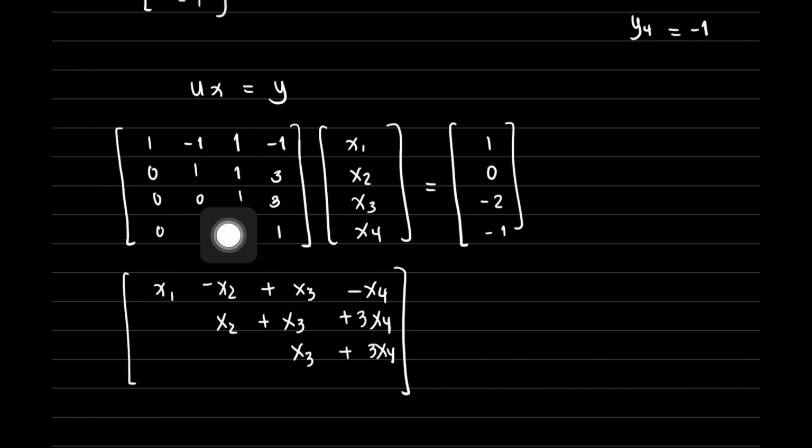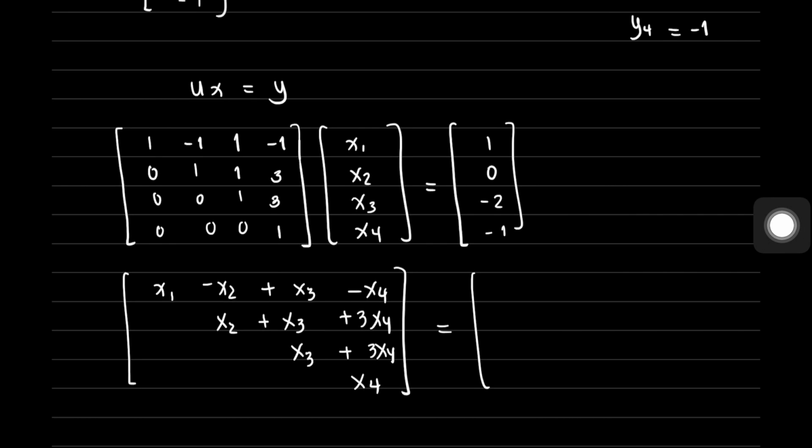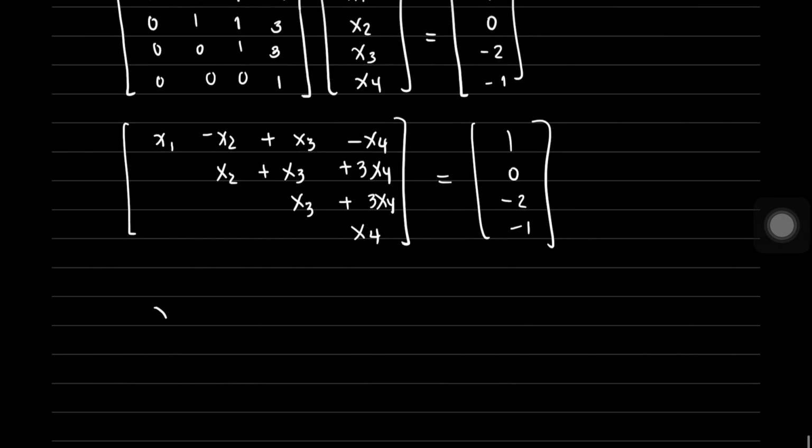And lastly, we have x4. And this is now equal to 1, 0, negative 2, negative 1. So x4 is equal to negative 1, because this element corresponds to x4.